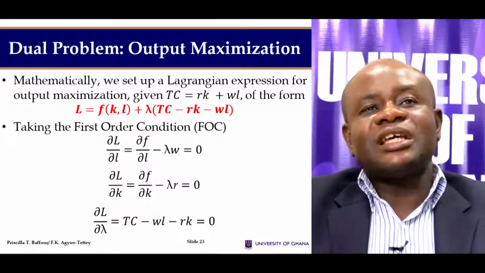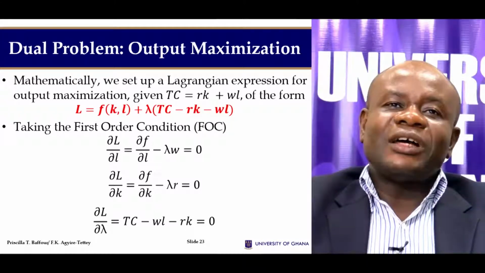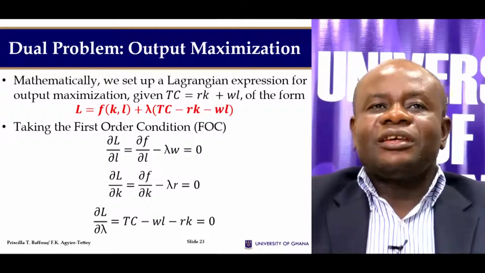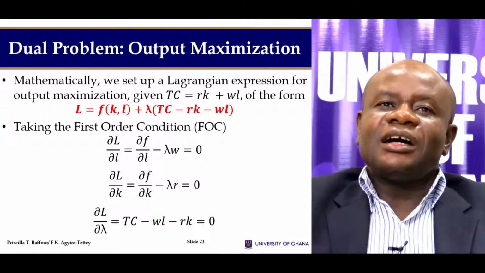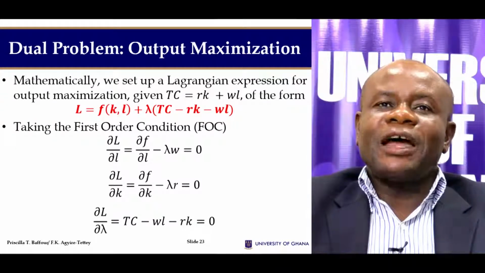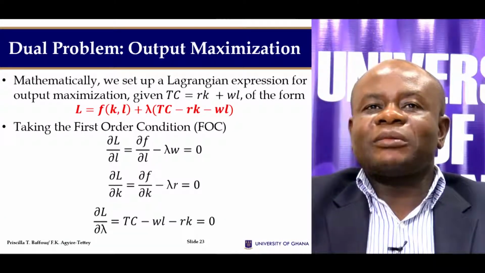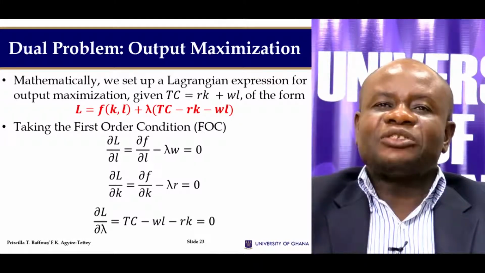So in this case, we set our Lagrangian, and this time our output function is stated as F of K and L plus lambda, that's a Lagrangian multiplier, multiplied by cost. So it is maximizing output subject to cost.